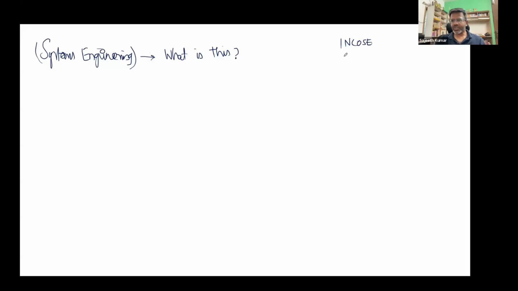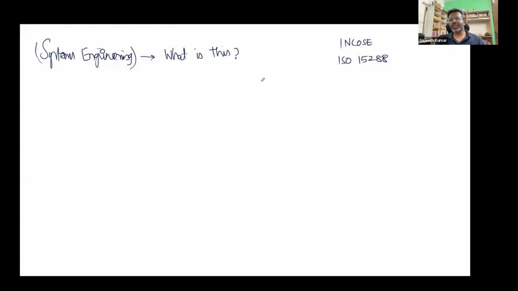It is also an ISO standard, in fact ISO 15288. But I believe this is not something a lot of us have heard about. Not many people are aware of it, and not many even understand what systems engineering is.